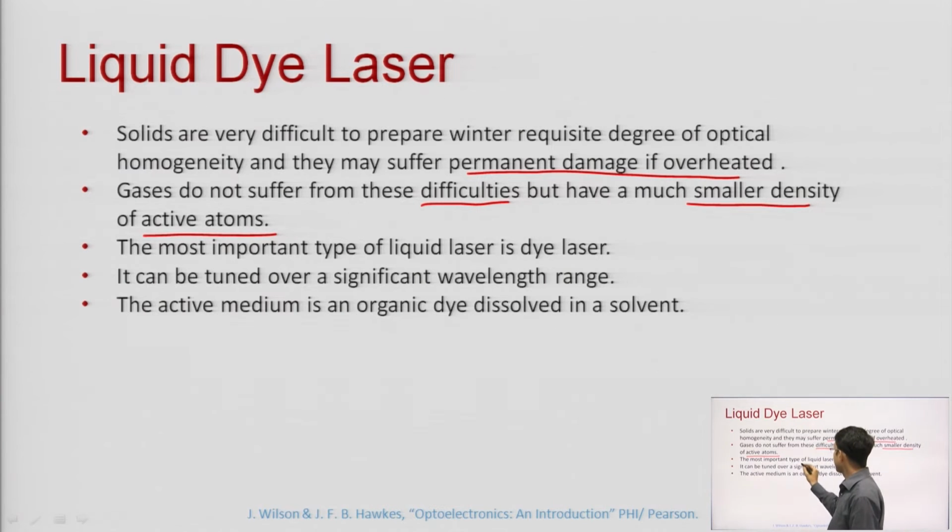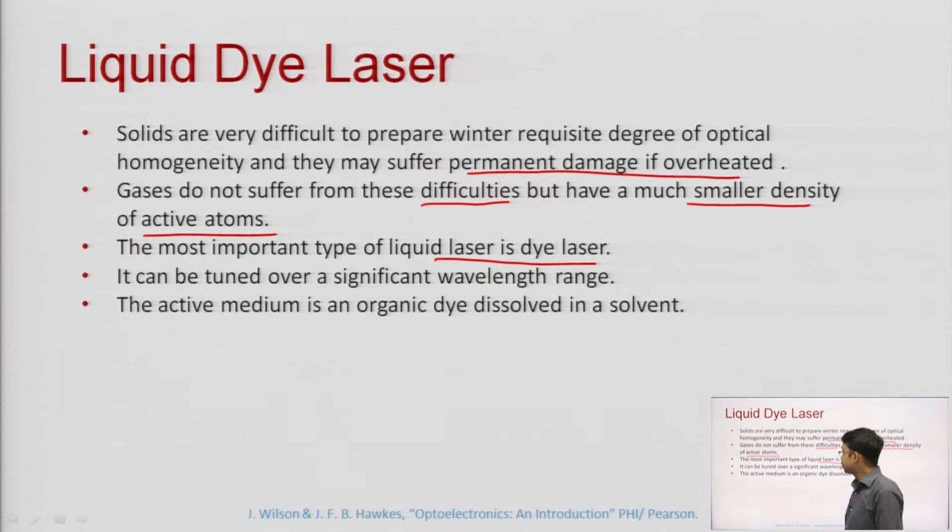So, the most important type of liquid laser is dye laser. Okay. If active material is liquid, the density of active atoms is high and also it can be made easily homogeneous, and permanent damage is less likely if it is overheated. Okay.